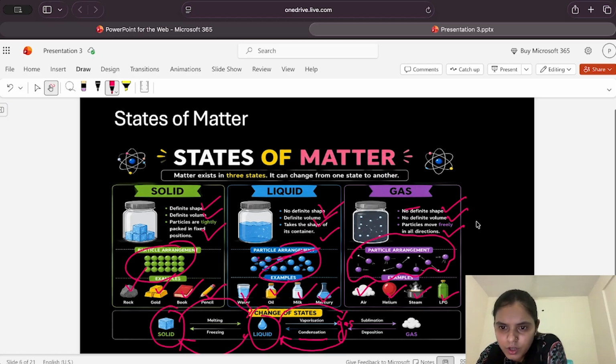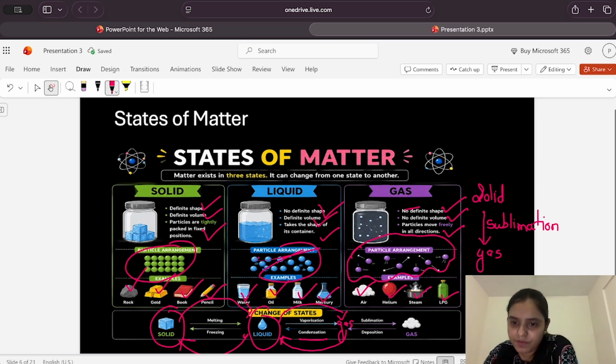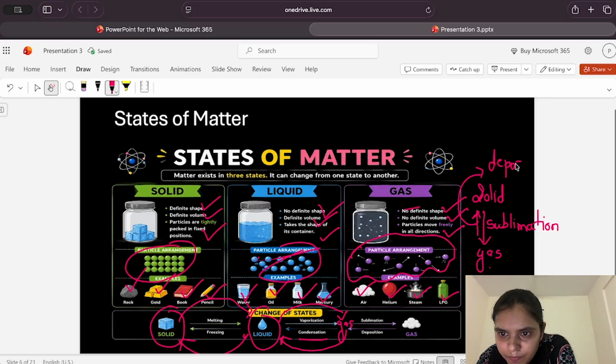If solid directly converts into gas without going into liquid, this process is called sublimation. And if gas directly converts into solid, then this process is called deposition.